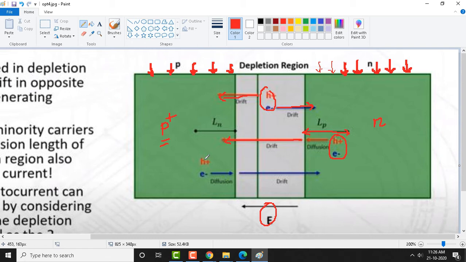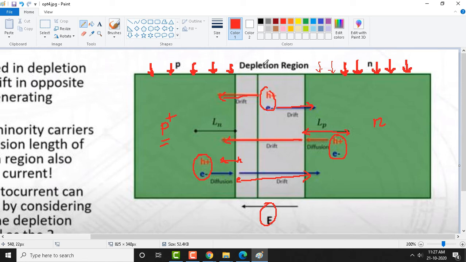Suppose light falls on the neutral P region; this creates electron hole pairs due to the photons' interaction with this semiconductor. These electron hole pairs diffuse towards the junction, where holes are pushed back into the P region and electrons are pushed into the N region by the strong electric field. I hope you understand the three different regions here.